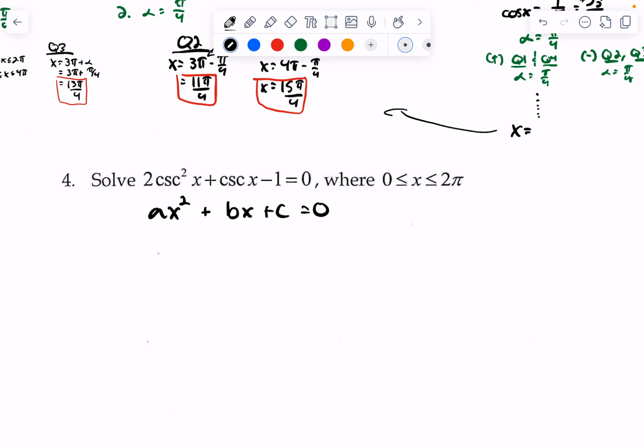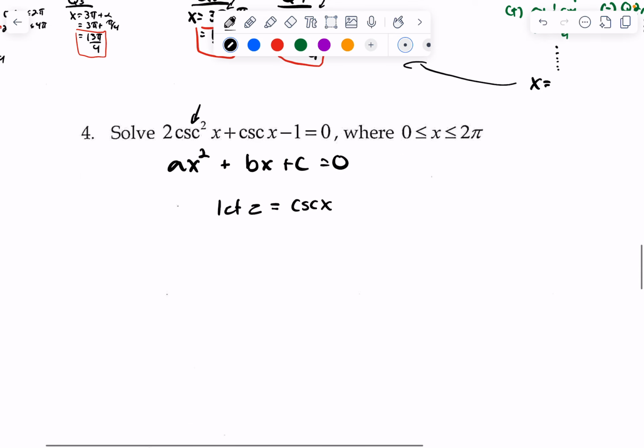If it helps you to see how to factor it, you can let z equal cosecant x. Wherever there's a cosecant x, you just put z. That would be 2z squared plus z minus 1. Now that's way, way easier to factor.